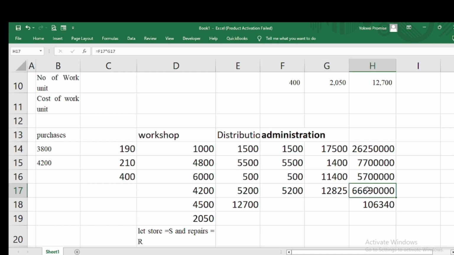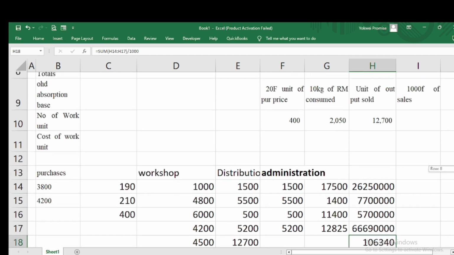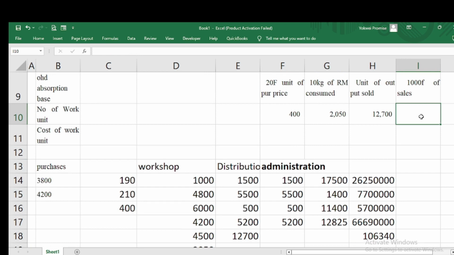Why am I having some lapses here, please? Let's see, 2008. So 106,340.